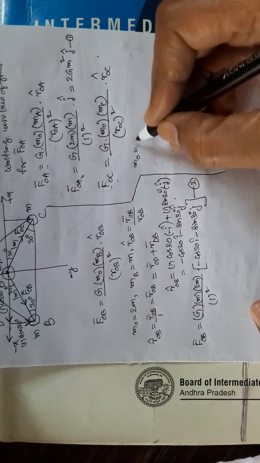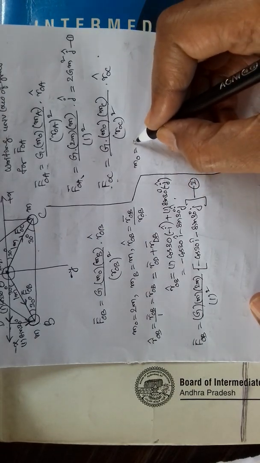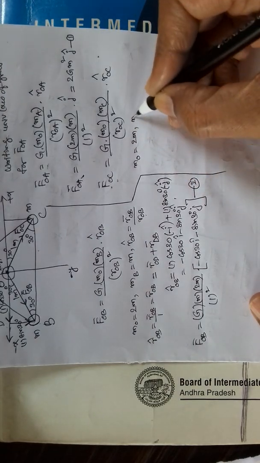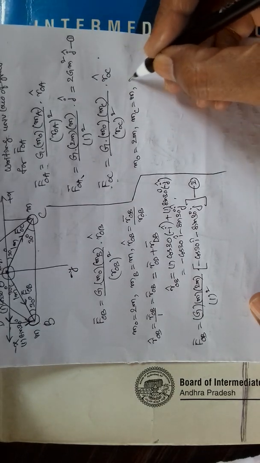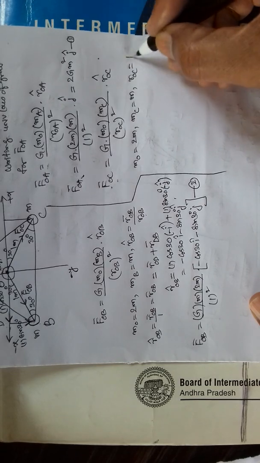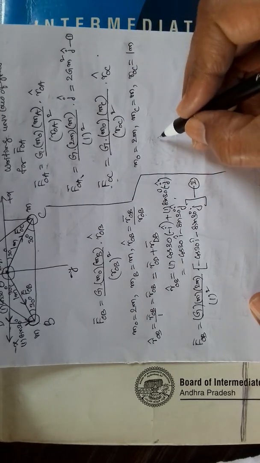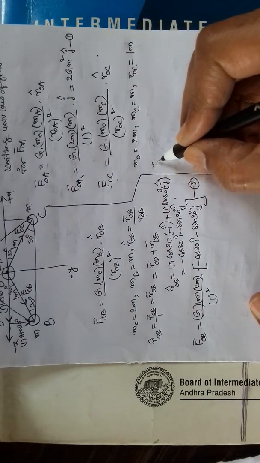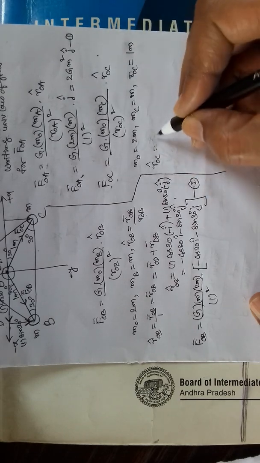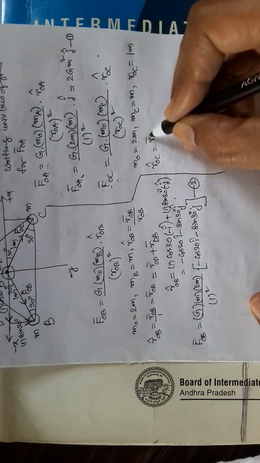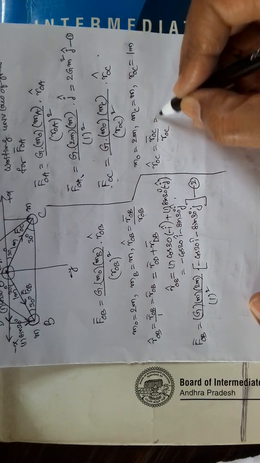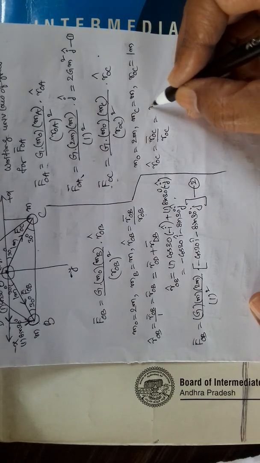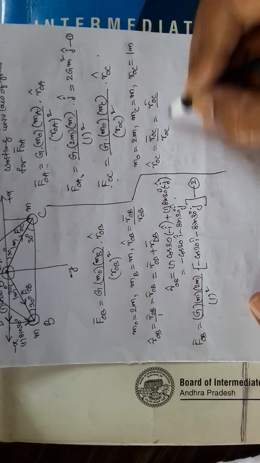MO, the mass placed at the centroid, is 2m, the mass placed at C vertex is m, ROC value is 1 meter. Now ROC unit vector is equal to ROC vector divided by its magnitude. ROC vector divided by its magnitude is 1.